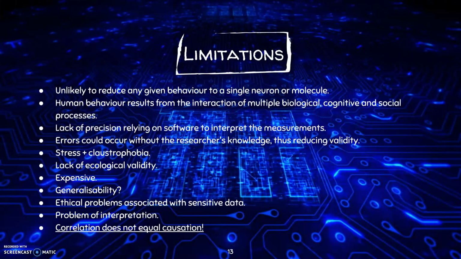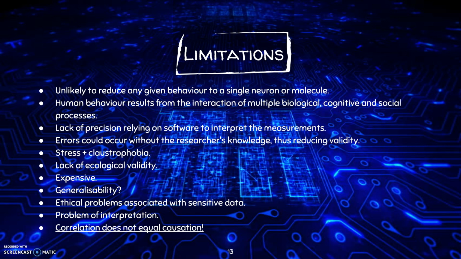However, there are some limitations as well. Firstly, it's unlikely that brain imaging technology can reduce any given behavior to a single neuron or molecule. Human behavior results from an interaction of multiple biological, cognitive, and social processes that we're going to talk about more in this course. Also, it's important to account for environmental influences.